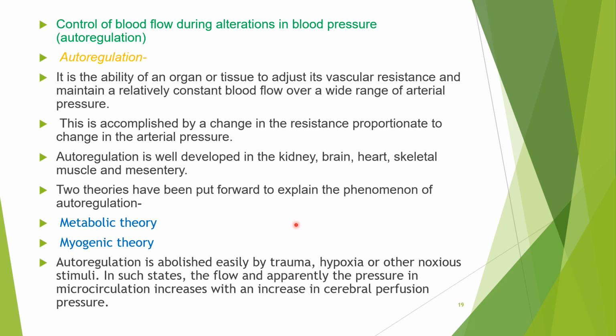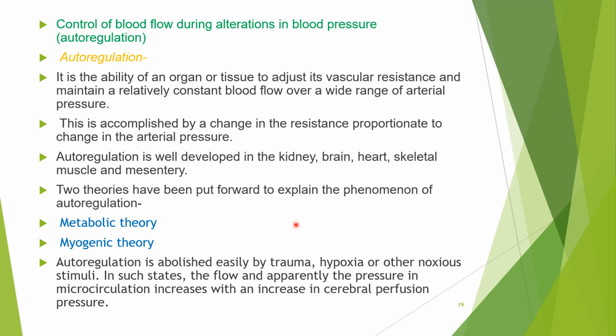So, this mechanism of autoregulation is important. Metabolic and myogenic theories of autoregulation. Okay. In metabolic theory, the main regulating substance is the partial pressure of carbon dioxide that we have already seen. So, how is partial pressure of carbon dioxide affecting?